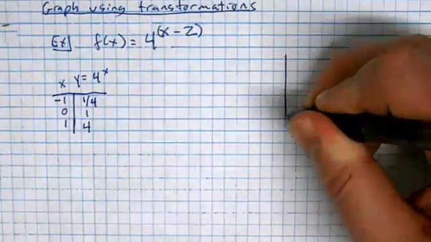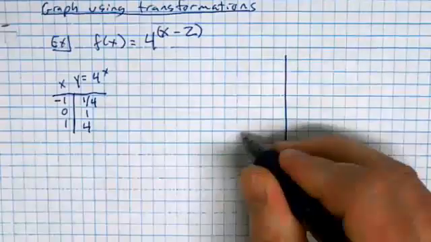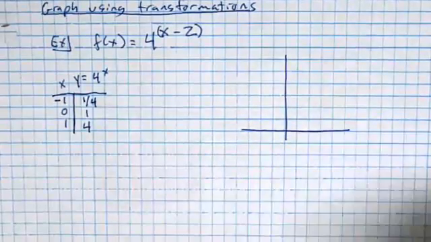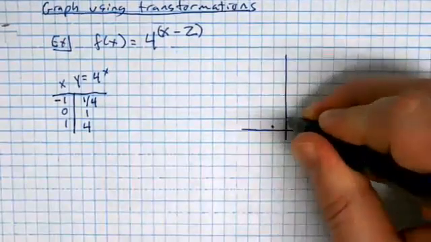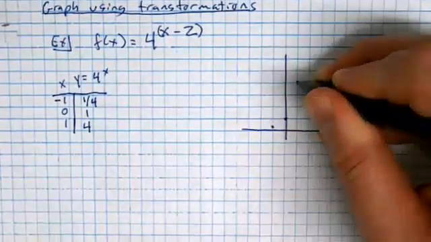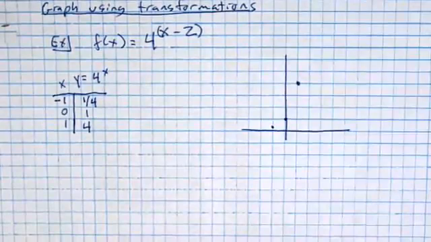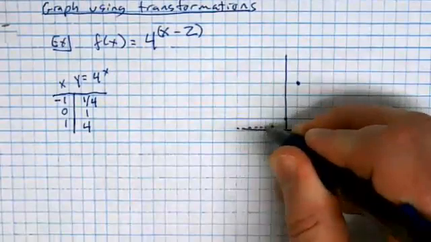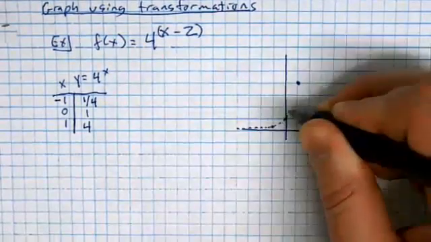So I'm going to graph the original. And I'm going to make this dashed because it's not our final graph.